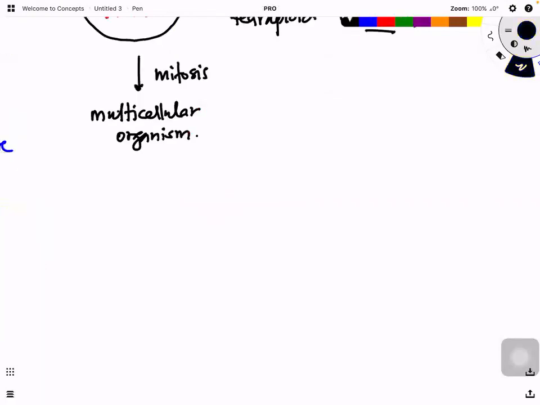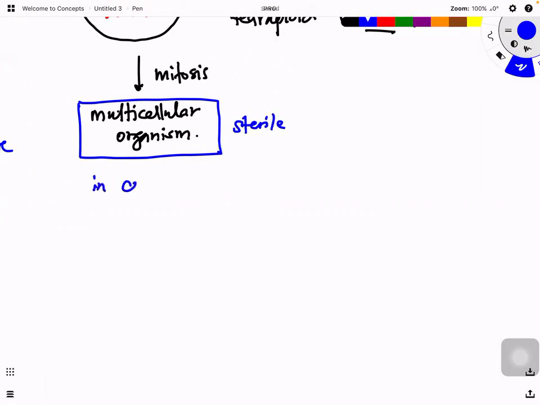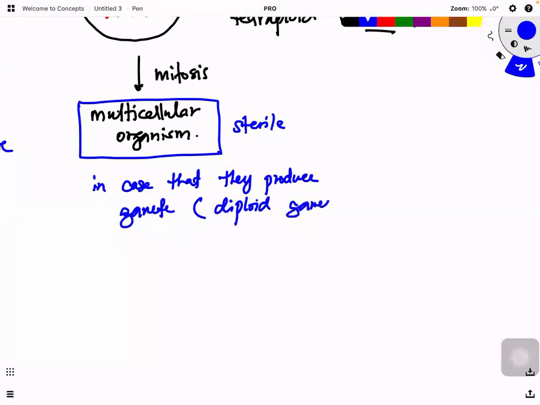But occasionally, with a very rare chance, this multicellular organism, which we know is sterile and can't produce, may produce gametes. So this gamete again is a diploid gamete. Are you clear?